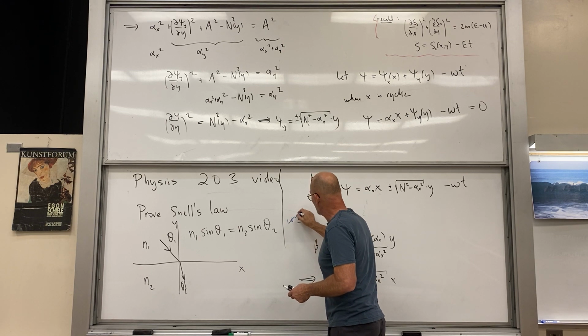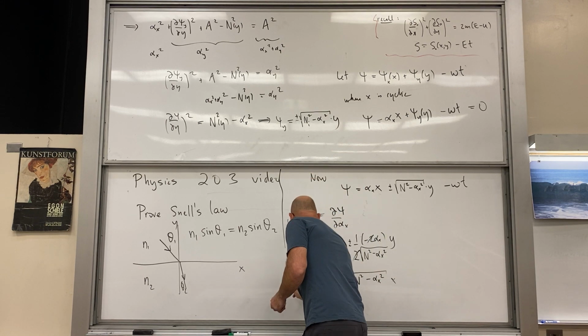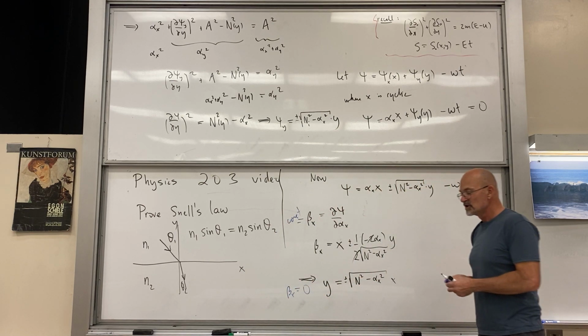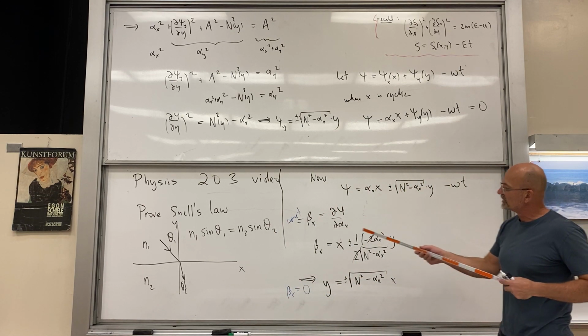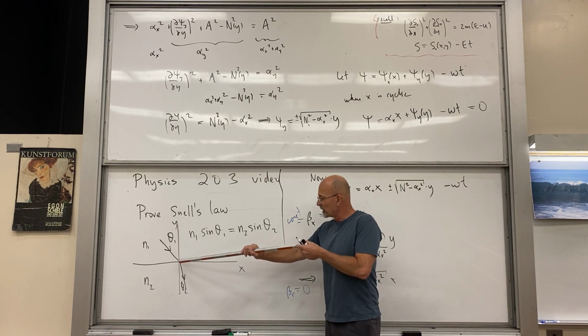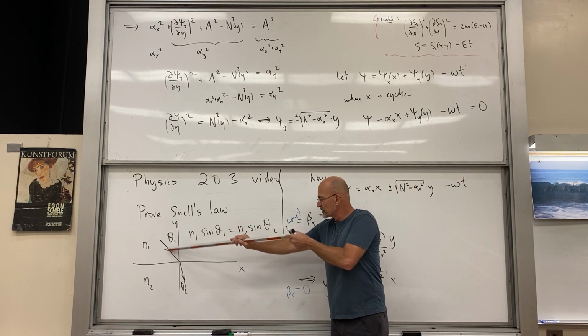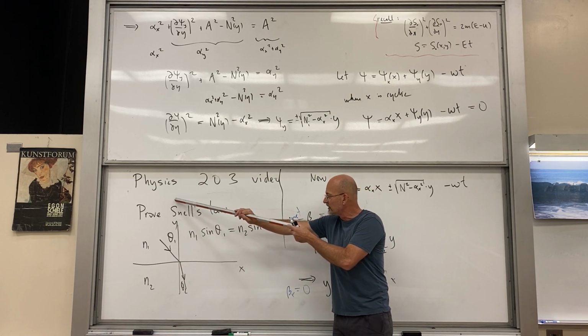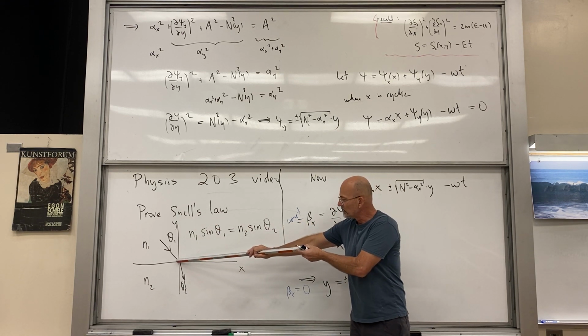Equals constant, we know that. So we let beta sub x equal 0. Those two constants turn into putting that trajectory through the origin. Those two constants could have put it anywhere, but we're going through the origin.